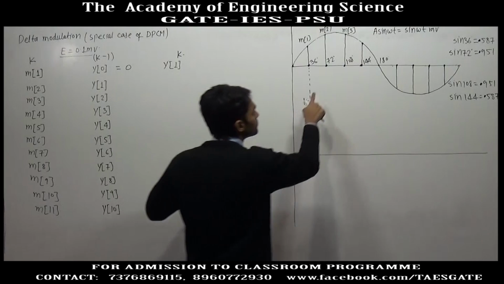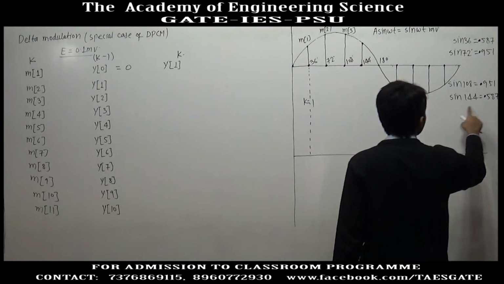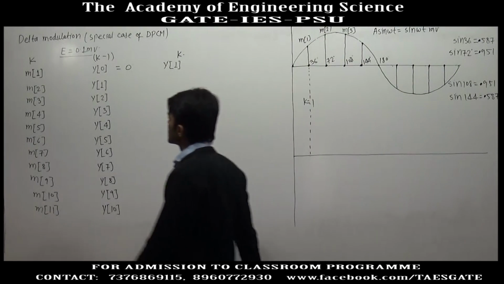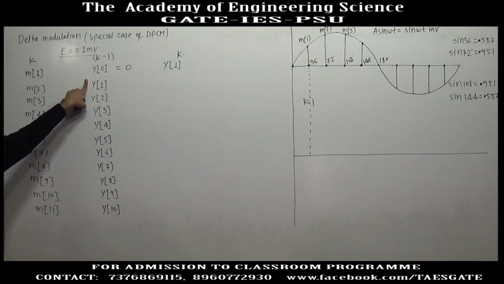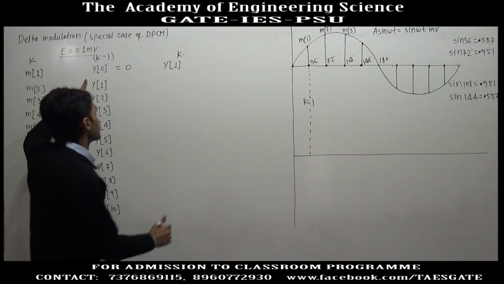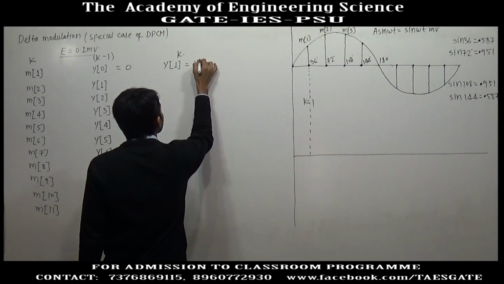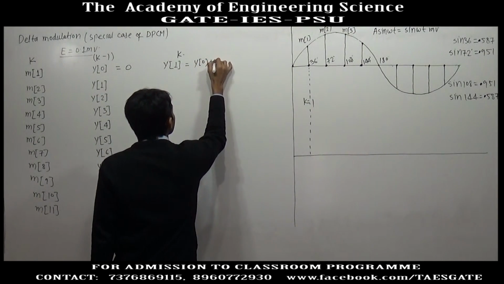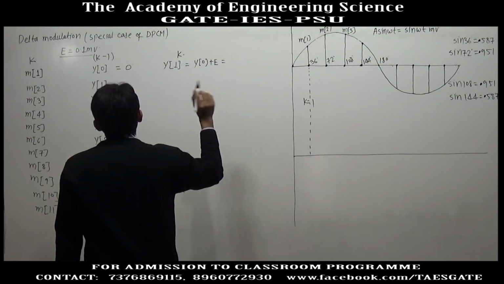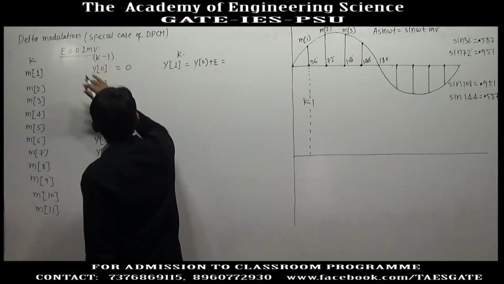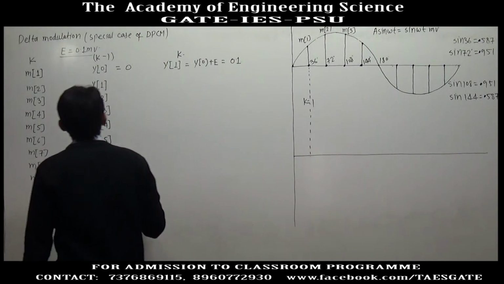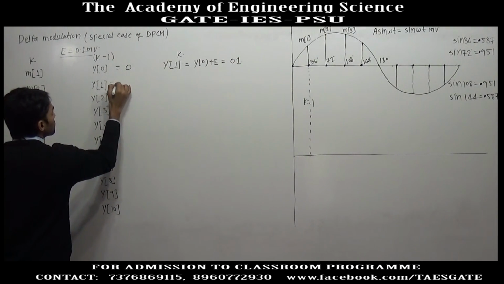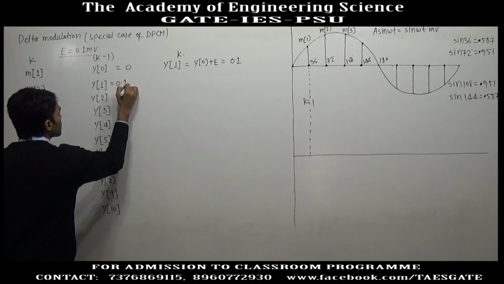M1 is equal to sine 36 degree, which is 0.587. So, the present input is greater than the previous output, so a threshold will be added to the previous output. So, y1 will be equal to y0 plus E, and we have E equal to 0.1 millivolt. So, y1 will become 0.1 millivolt.